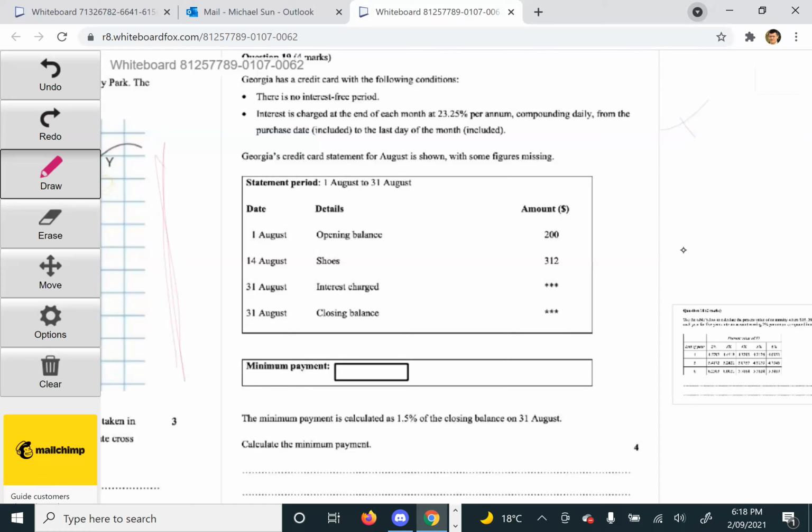How do you work out the minimum payment then? What's the rule for the minimum payment? It tells you there, right? Oh, 1.5% of the closing balance.